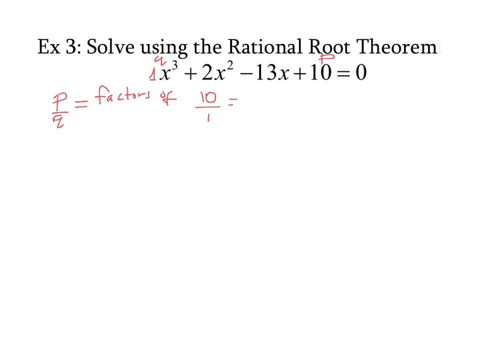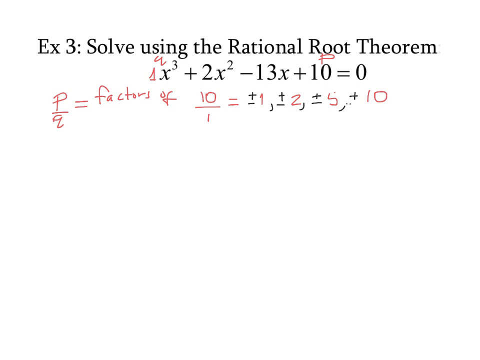And that's going to be, remember the factors of 10 are 1, 2, 5, and 10. But I also want you to remember that they could be something we always never think about. They could always be positive or negative. So positive or negative.